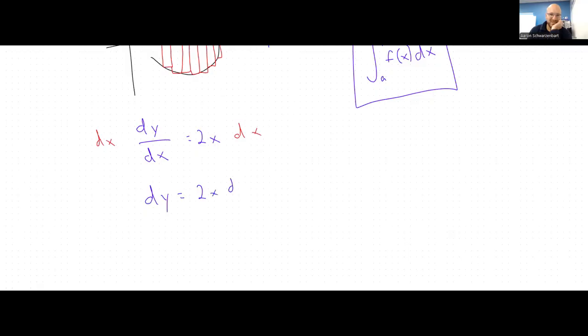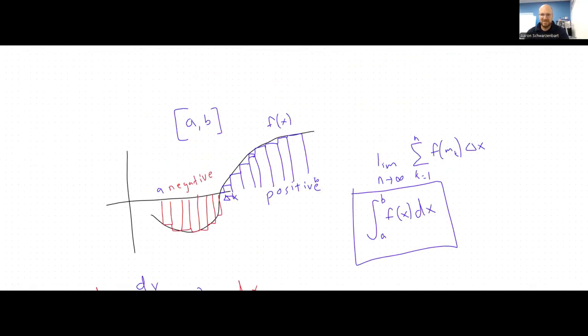Integrals end up being the reverse of derivatives, when I get rid of the dy dx part, I can take the integrals. Okay, that's coming next chapter, but that's an important thing. It's also important to understand, and we'll get to this later when we've done some integrals, this idea of the integral being the sum of the infinite RAM boxes. Okay, and we'll get to how to translate between those later.